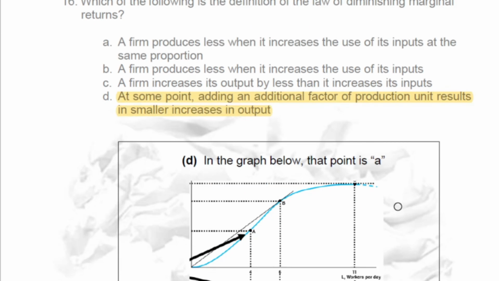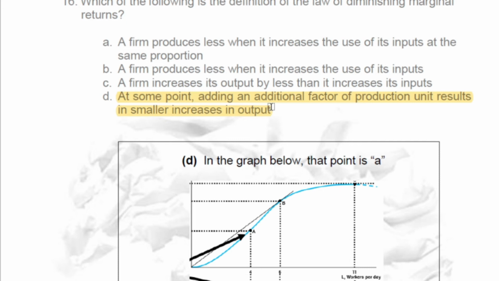The definition should be that from a certain value of the variable input, normally L, if I fix the amount of the other input, the more L I use, the less my production function will increase.